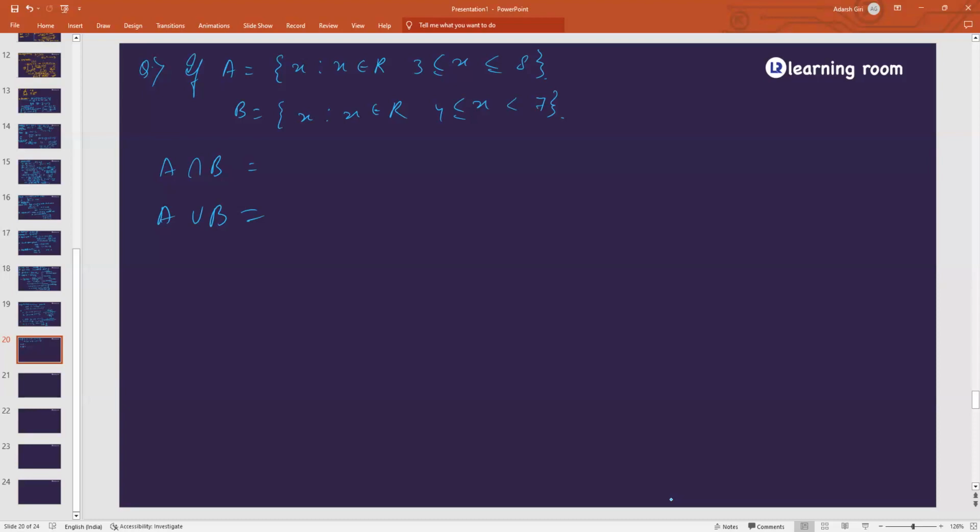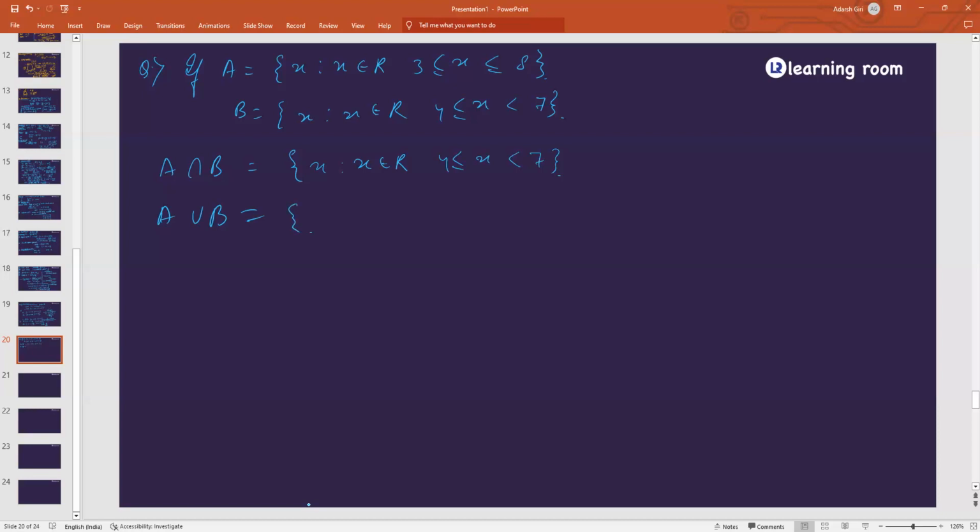Sir, X is such that X belongs to R and X is greater than or equal to 4 and less than 7.